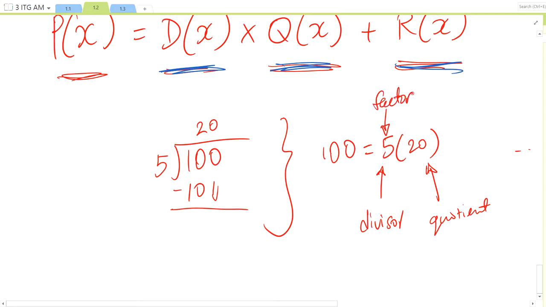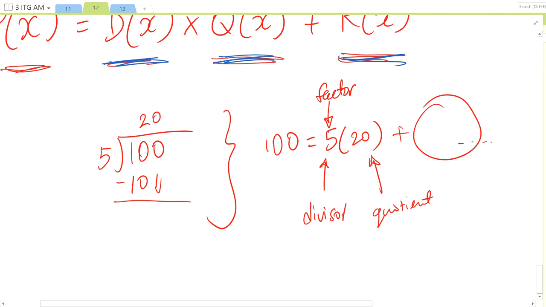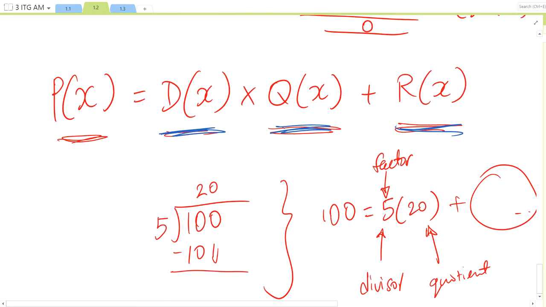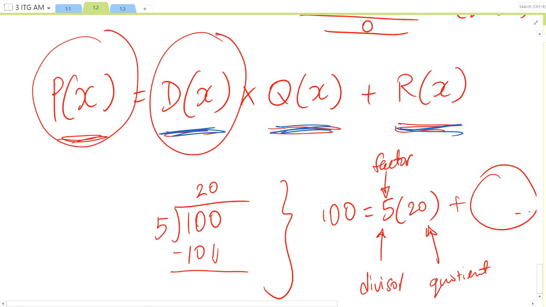How do you know that something is a factor of something? When there's no remainder. In other words, remainder equals 0. Look at this. If I divide P(x) by D(x), then it so happened that R(x) equals 0. What can you conclude about D(x)? One more time.